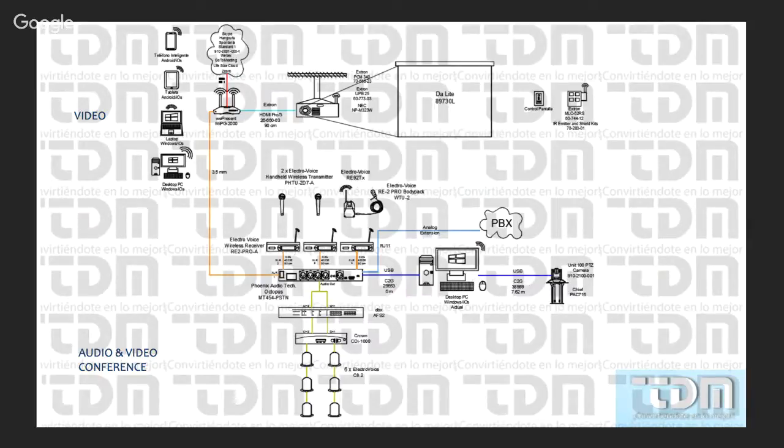This is the only cable that we are really going to have here, because we will need to connect from the PC to the camera through a USB cable. So the far end will see us through the camera, and we will see the far end on the monitor.